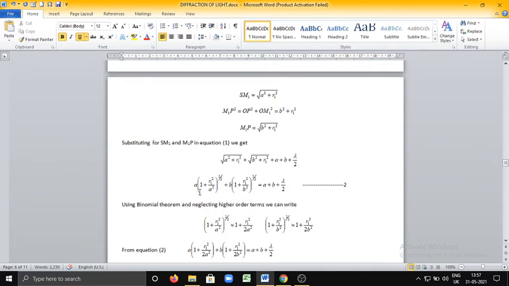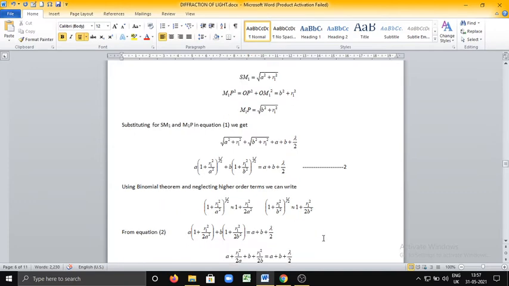By using that, we can write 1 plus R1 square by a square whole to the power of half as approximately 1 plus 1 by 2 into R1 square by a square. Is it not? Similarly, 1 plus R1 square by b square whole to the power of half is approximately equal to 1 plus R1 square by 2b square.